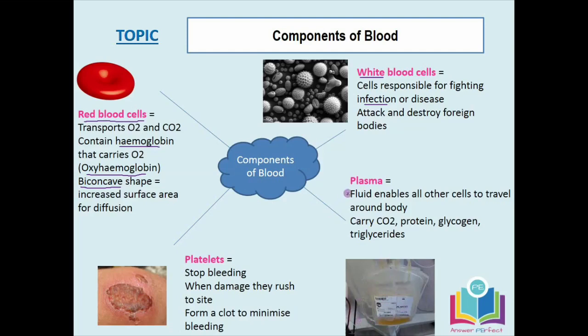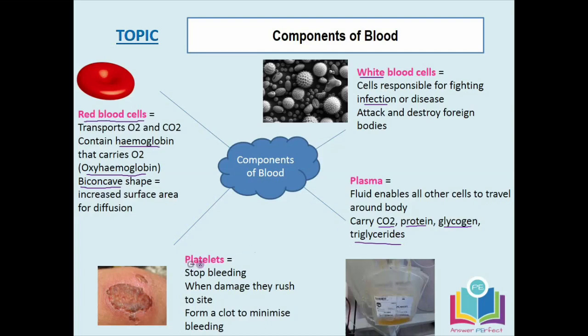This fluid enables all other cells to travel around the body. It can carry carbon dioxide, as well as the red blood cells can. It carries proteins, glycogen, triglycerides, and both of those are really important for making energy. Fats obviously for the aerobic system, and glycogen is the main source of energy for the anaerobic system.